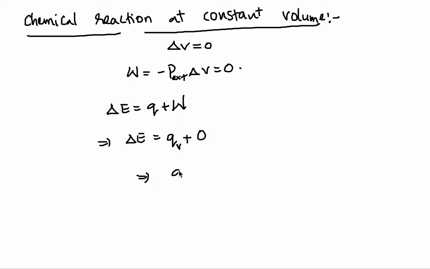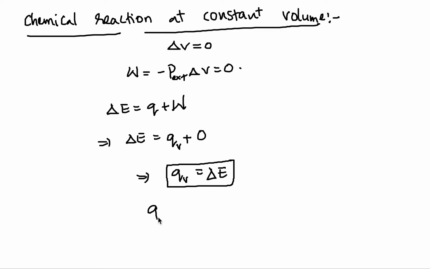Therefore, whatever heat is supplied or lost, everything is happening from the internal energy point of view. So if heat is gained, that results in an increase of internal energy. If heat is lost by the system, that results in a loss of internal energy of the system.